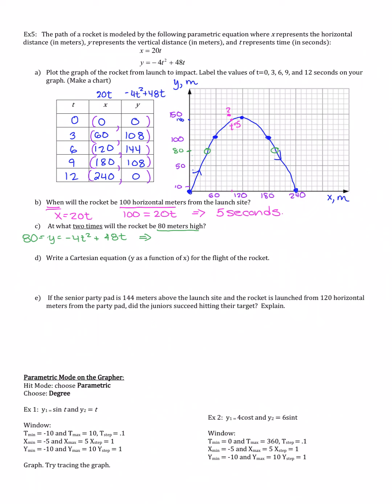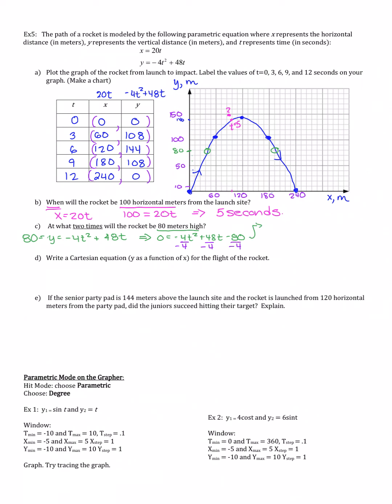So we have a quadratic that we can set equal to 0, so 0 equals -4t squared plus 48t minus 80. I'm going to divide everything by -4, because I don't like to have a negative out in front.